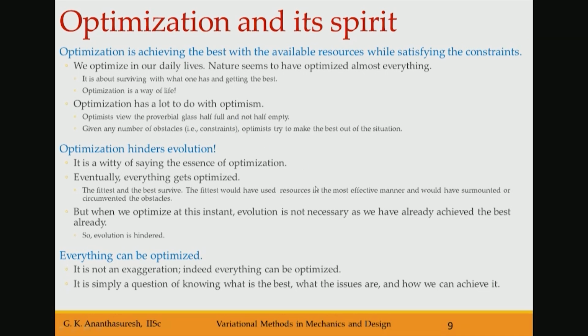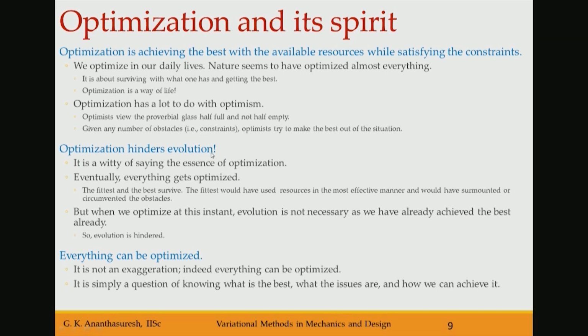And in structural optimization in mechanics, there is a sense of minimization and maximization that makes it very mathematical and hence amenable for computation in the computer. Okay. And in order to understand optimization, there is a witty way of saying it: optimization hinders evolution.